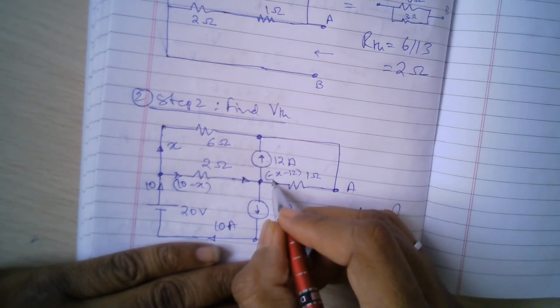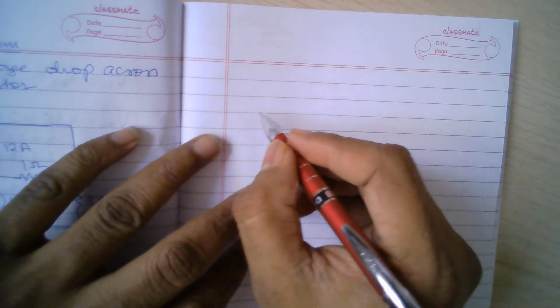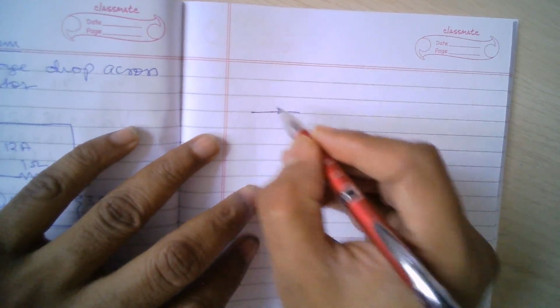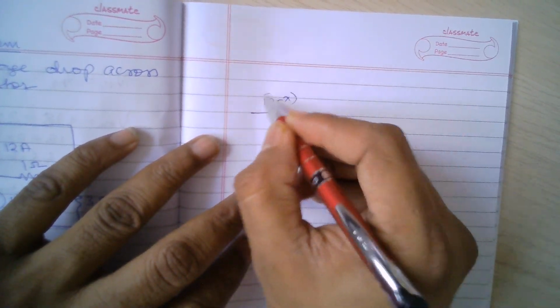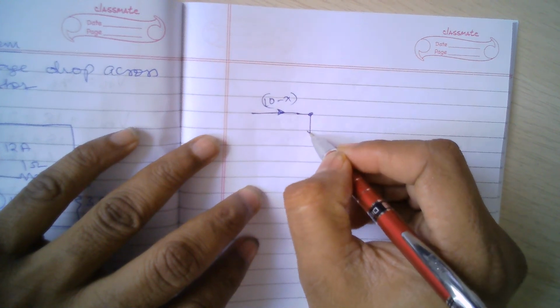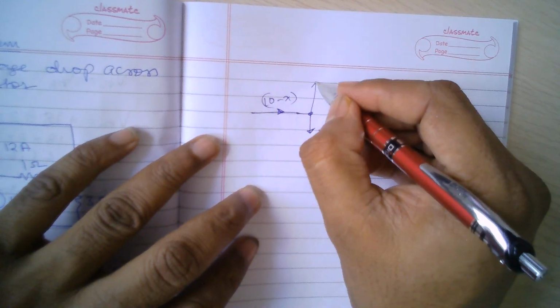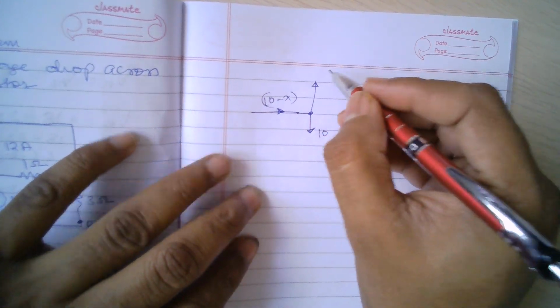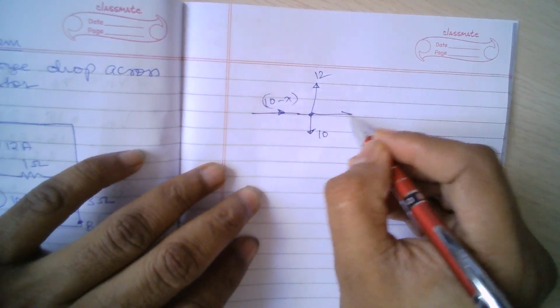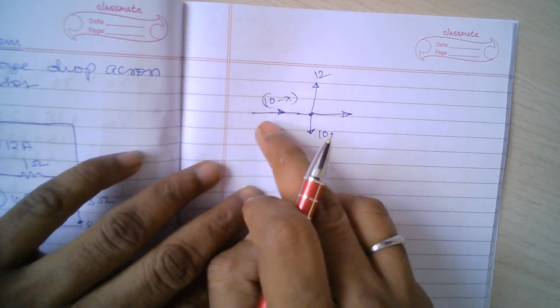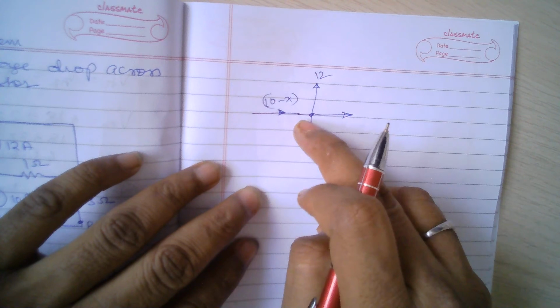Okay, so again, if you want, I will once again draw the detail here. So here the current is 10 minus X. Now from here 10 is going down, 12 is going up. So what is going here? So simply incoming current is 10 minus X, right?